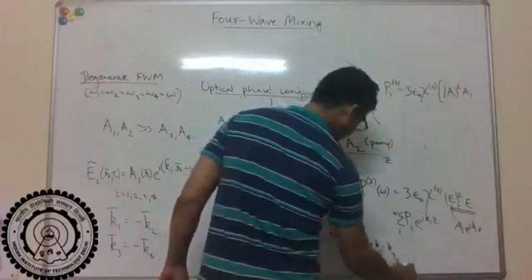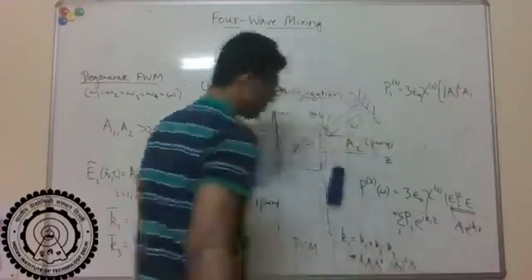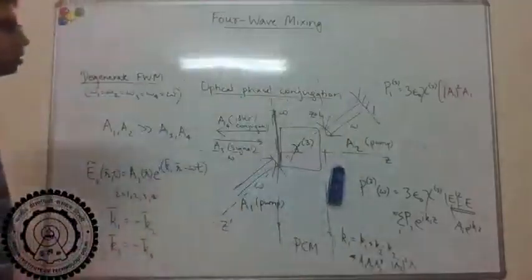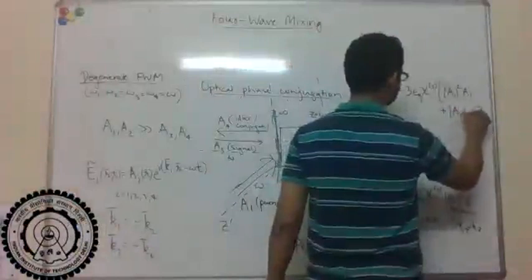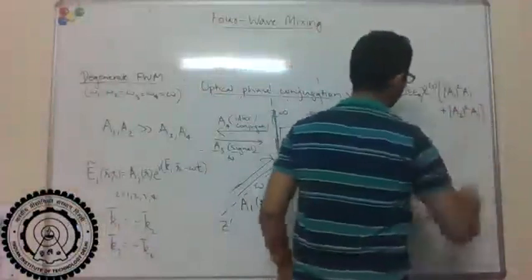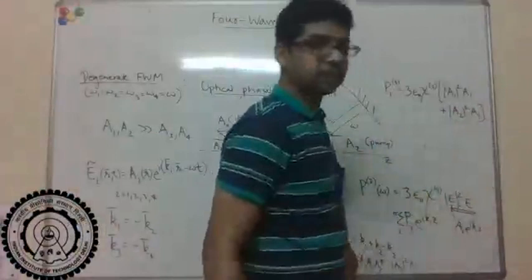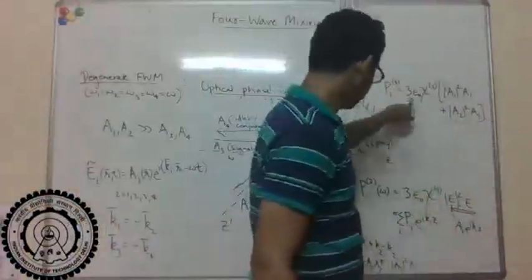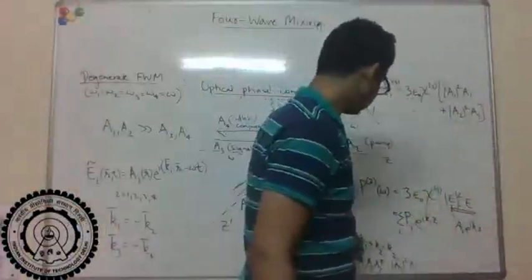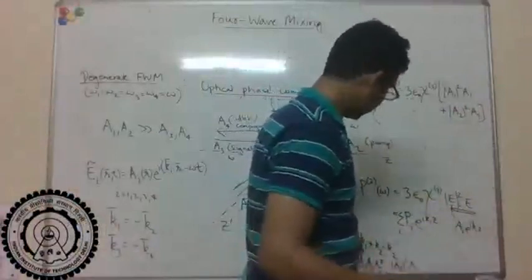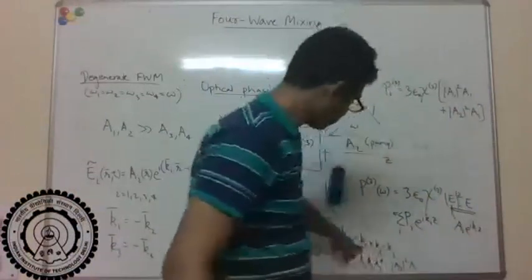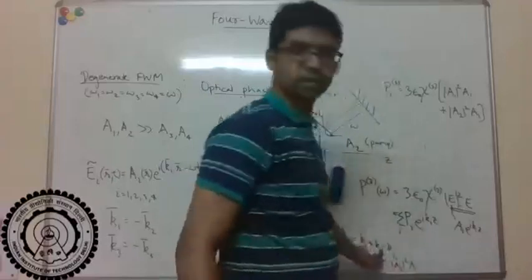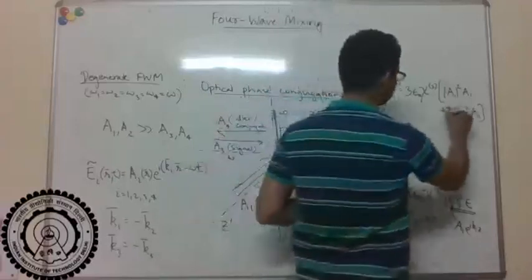So that's mod A2 square A1. And we need to keep track of the degeneracies for each of them, right? So I've already put 3 here. For k1 it was 3 because there are 3 combinations. But for this k1, k2 minus k2 there are 6, right? So there is a 2 here.